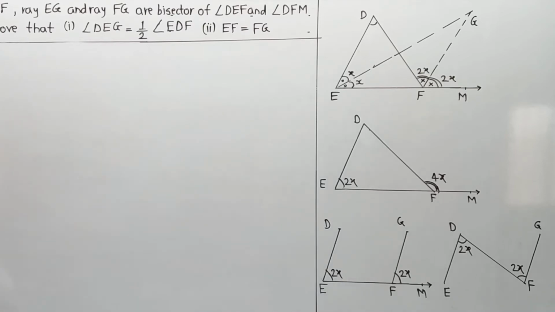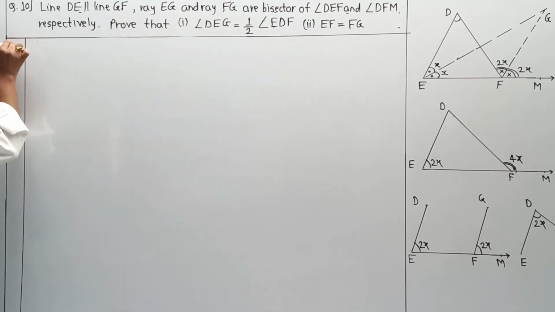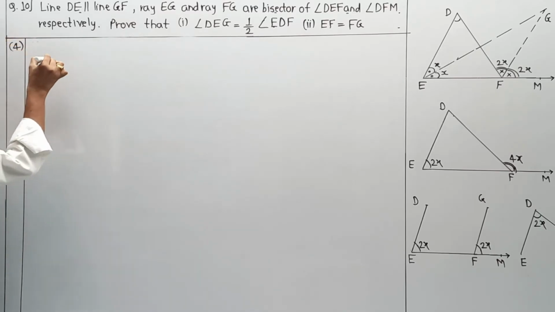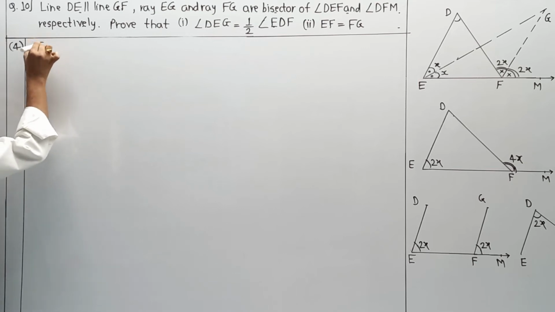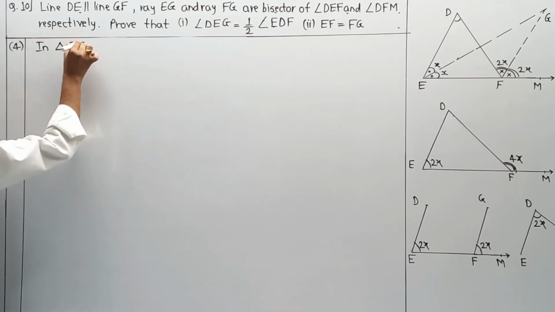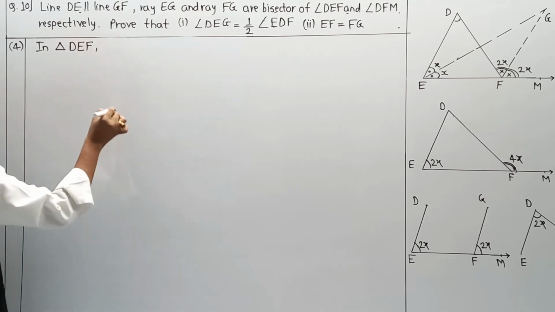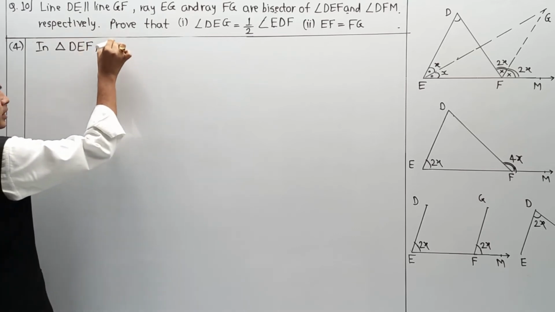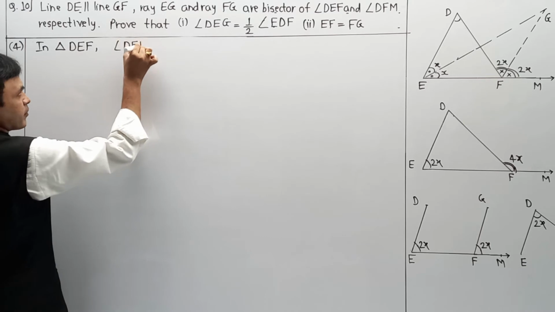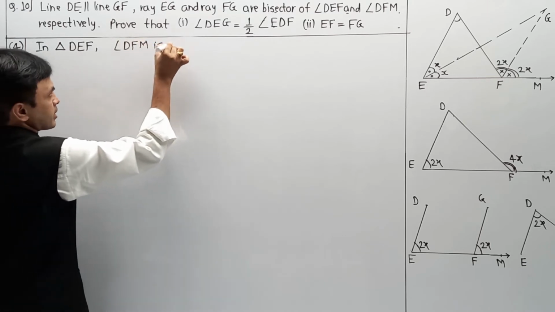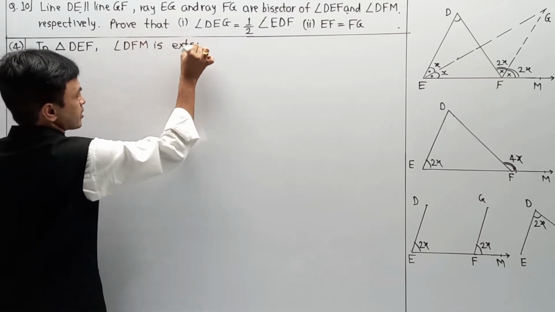So the part is, fourth group, and the part is in triangle DEF, angle DFM is the exterior angle.